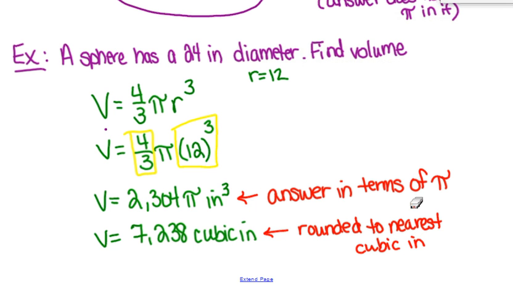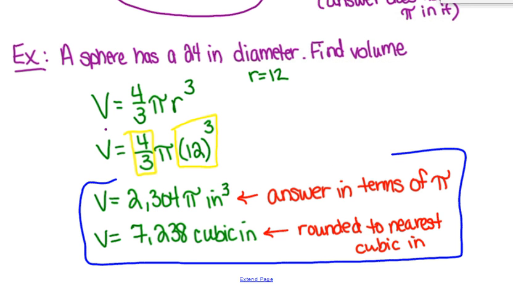I think it's important to recognize that both of these are the answer. They're just two different ways of expressing that same answer, depending on how the question is asked and what you're asked to do in the problem.